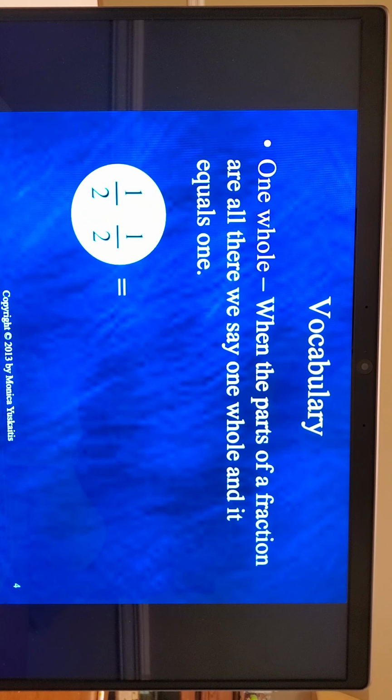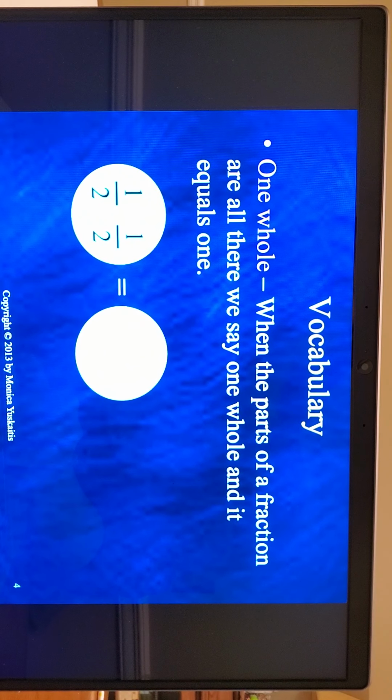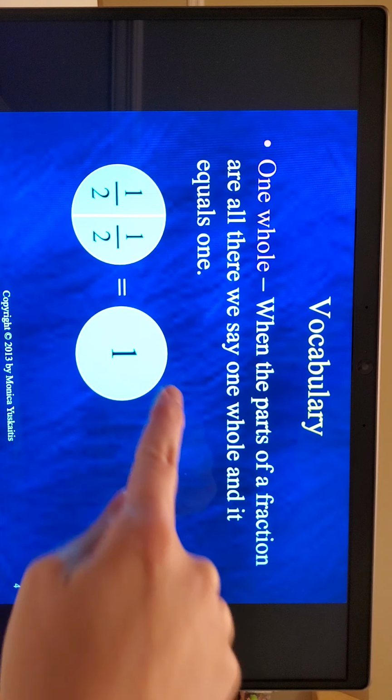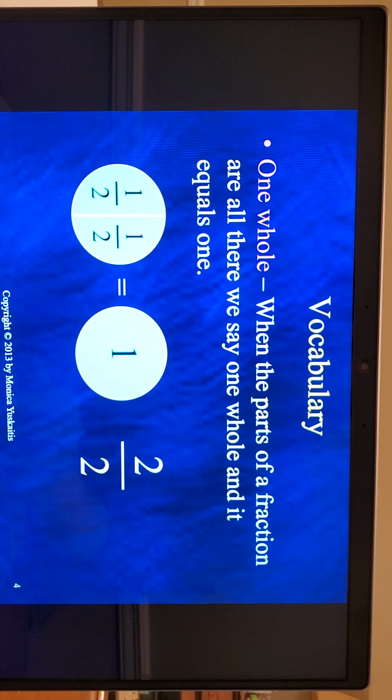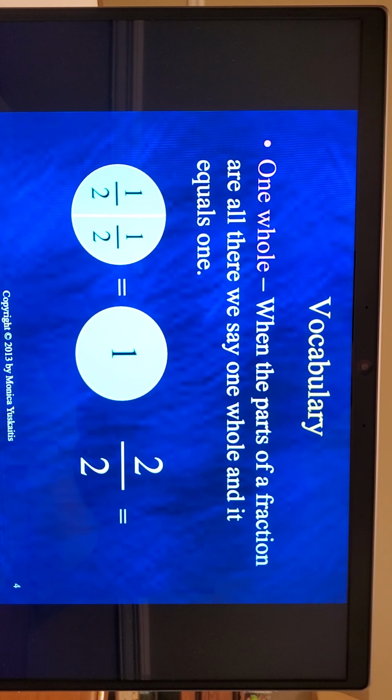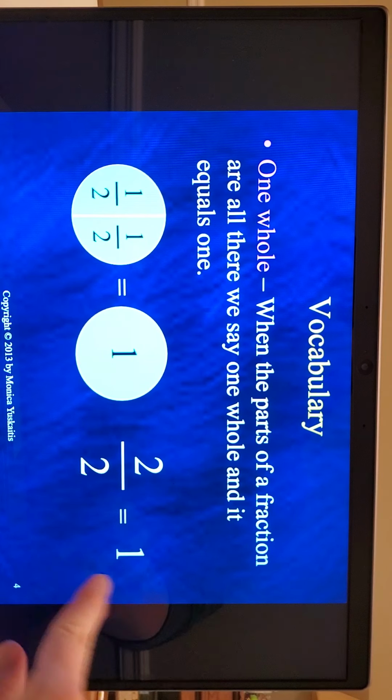But if we have both of those parts that we are counting, then we are counting one whole, the whole circle. So 2/2 is equal to or equivalent to one whole.